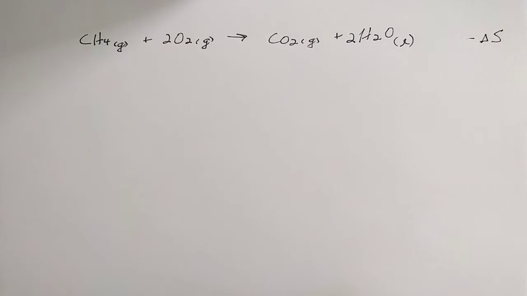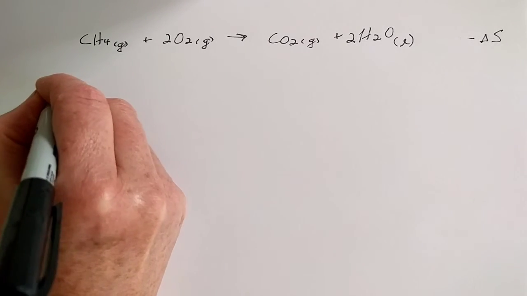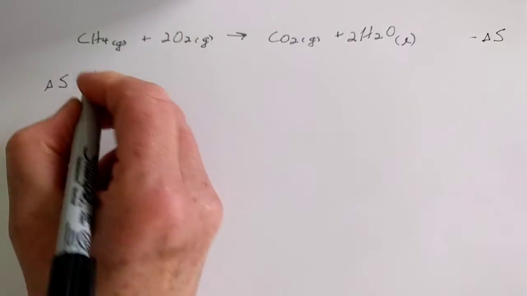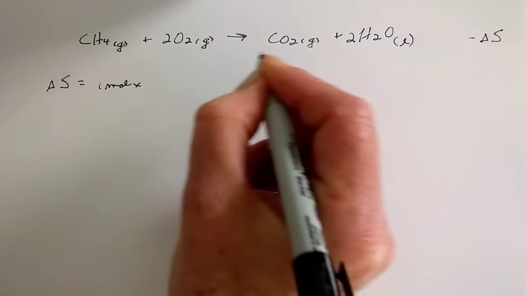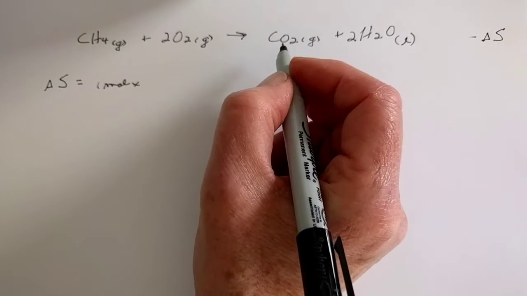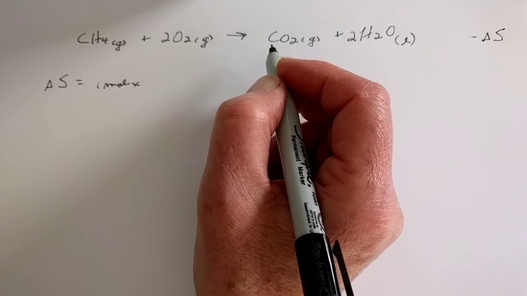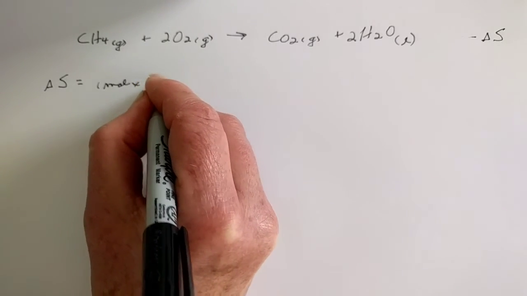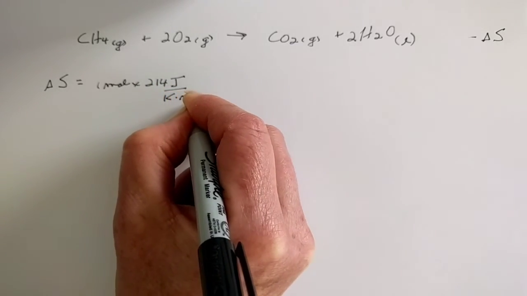And now let's calculate that and see if we in fact do get that. All right, so our delta S then equals the number of moles for carbon dioxide, 1 mole, times, we look in our chart for the entropy value in that appendix, and we see that it is 214 joules per Kelvin mole.